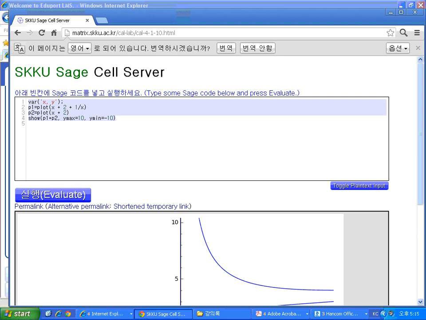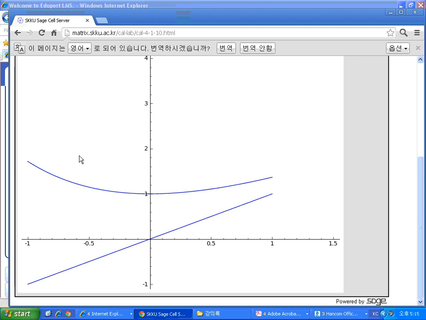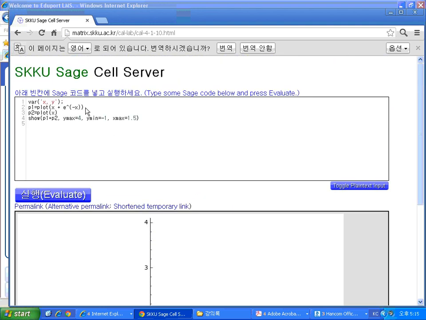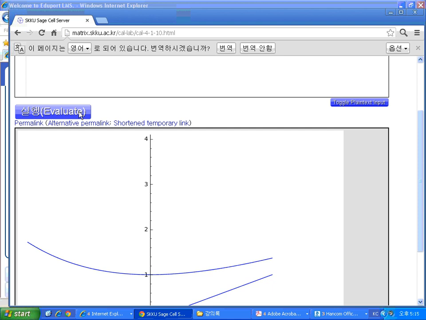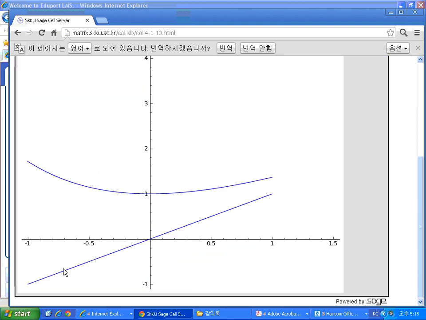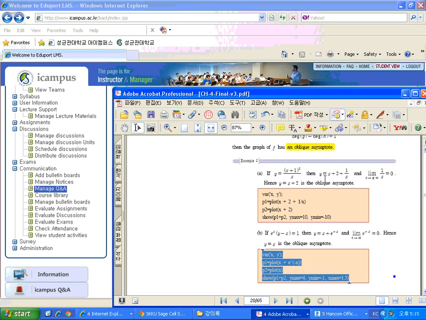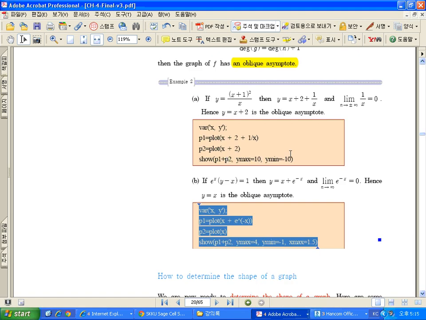Then, as you see here, this is the exponential function. This graph, x plus e to the minus x, then this y equal to x shows where this given function converges. And so this is an asymptotic line. So you can easily distinguish it.